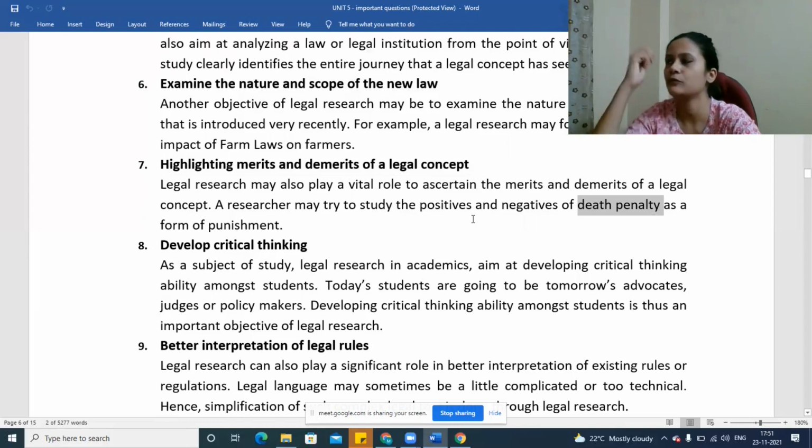I think when we were in LLB, this Ajmal Kasab, you remember? Taj Hotel terrorist attack. He was given the death penalty, and at that time this topic was so popular.